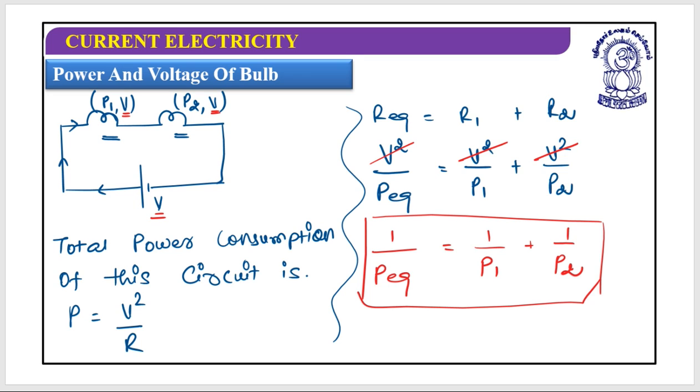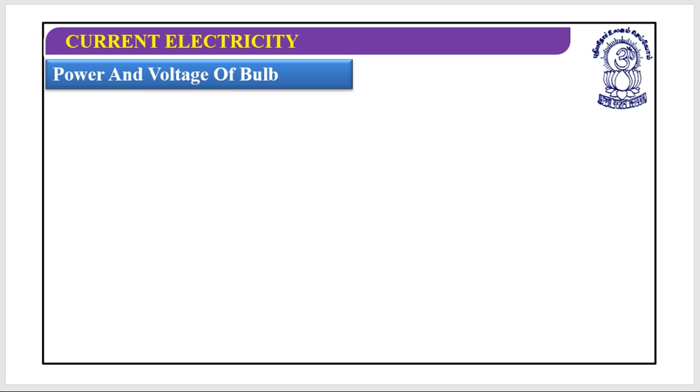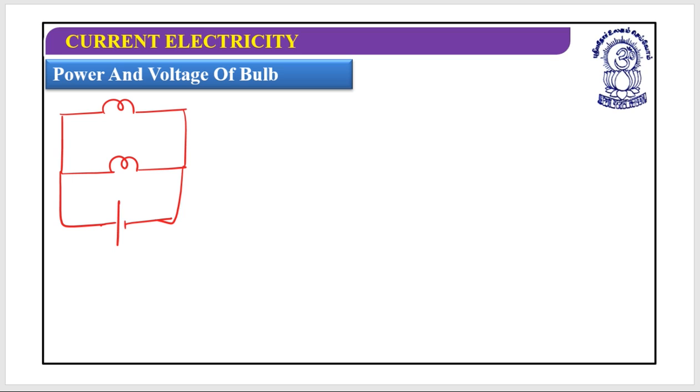This will help you. In the same way, let's derive the relation for bulbs that are connected in parallel. The situation must be something like this, and let's provide the power and voltage rating.